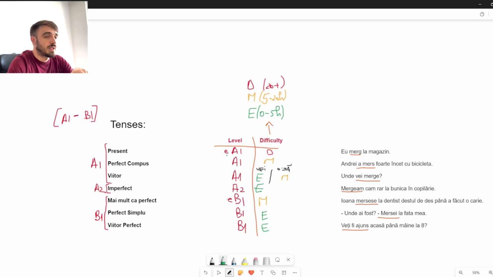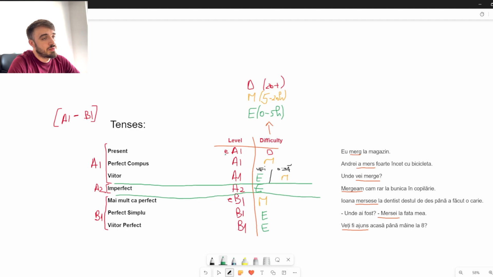Another thing that I would like to add, the reason I put early here, right, is, look, if you separate those into levels, you have A1, A2, B1.